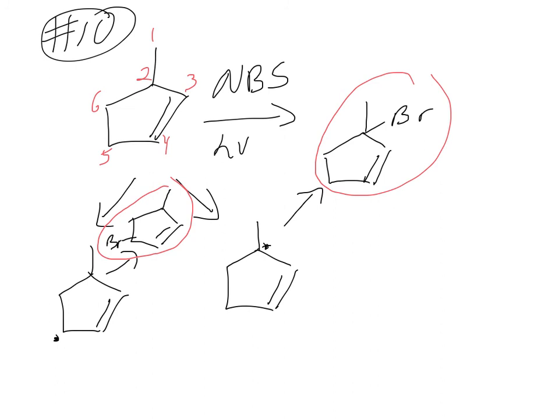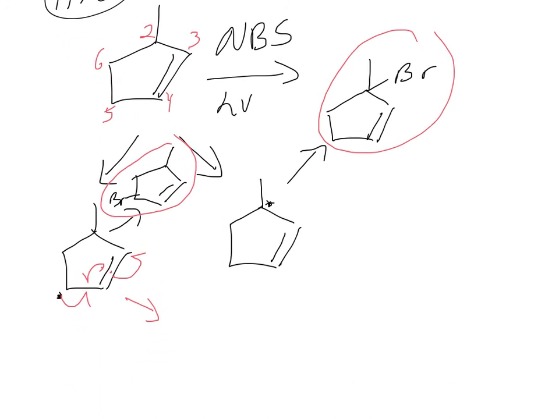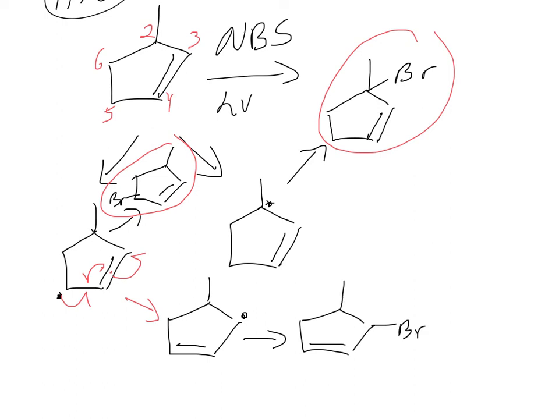So one thing we could do that would give us the dot here, which then could lead to having the bromine in this case on what was carbon 3, right, after the resonance structure.